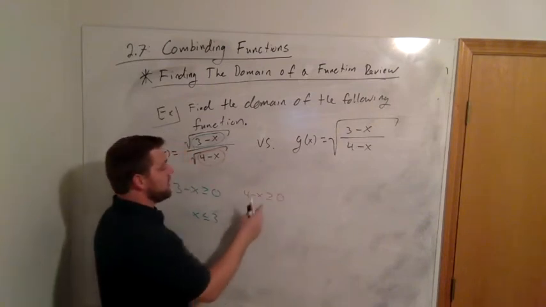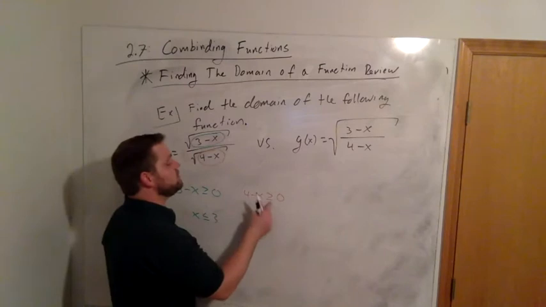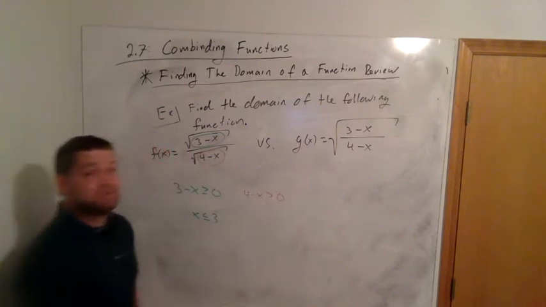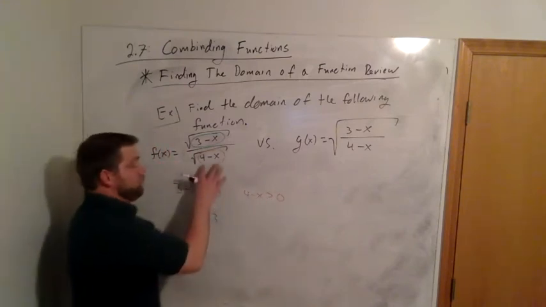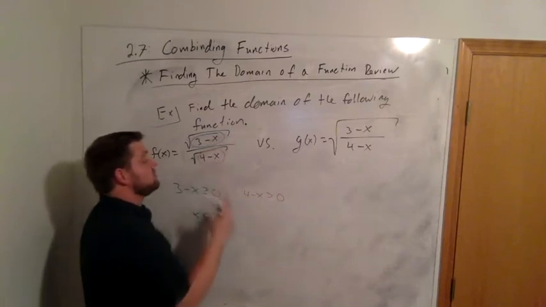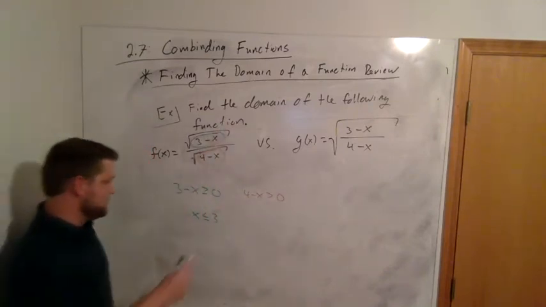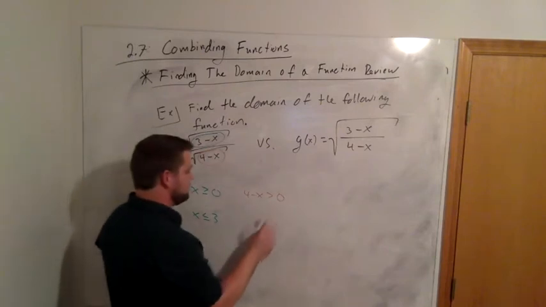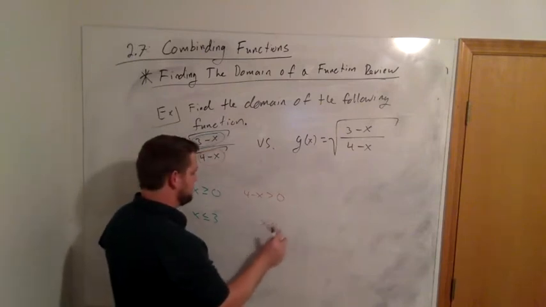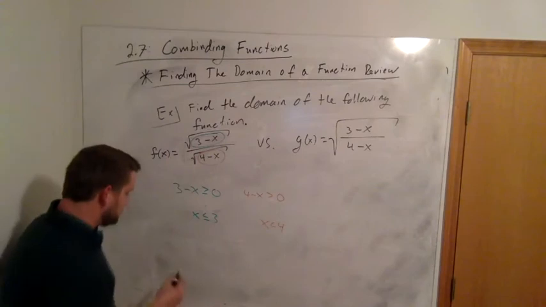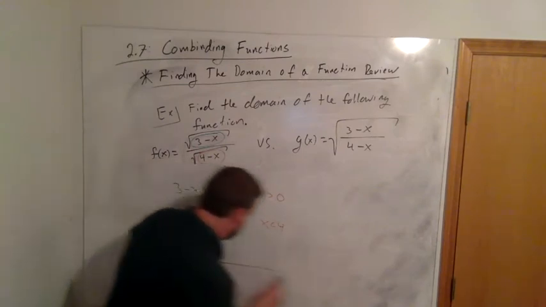But be careful, I want it to be strictly bigger than 0. If 4 minus x was 0, I'd be taking the square root of 0, which is 0. I'd be dividing by 0, which is a problem. So if we solve this, you would get that x needs to be less than 4.